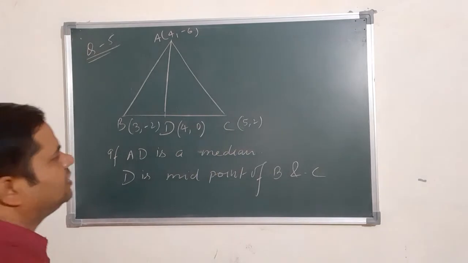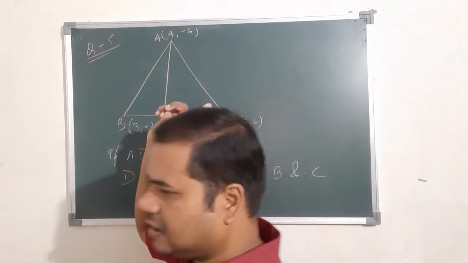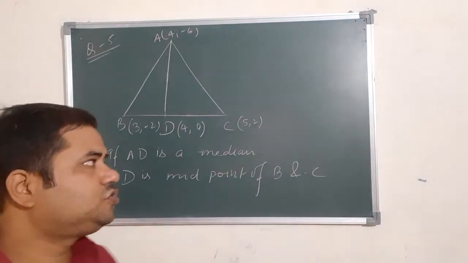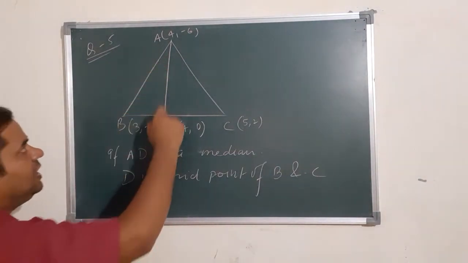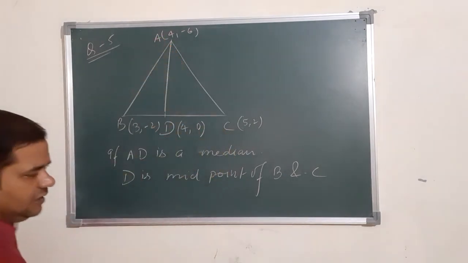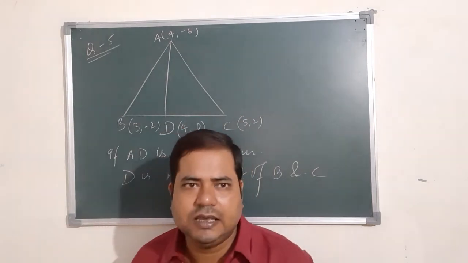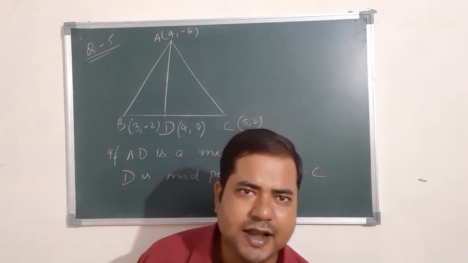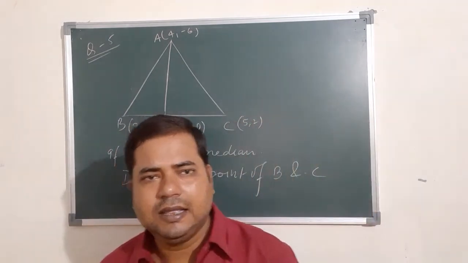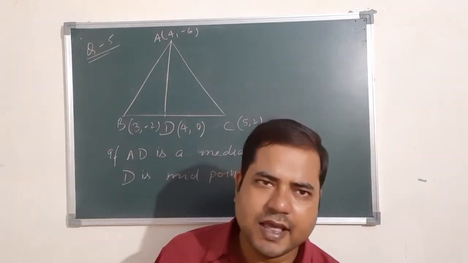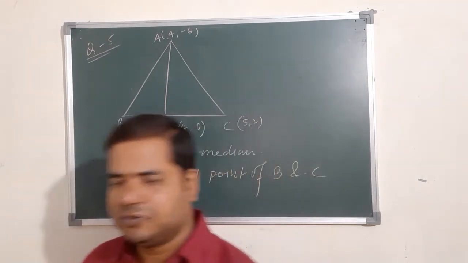This means the point D is (4, 0). So this median divides triangle ABC into two triangles, triangle ABD and triangle ADC. That's your homework: find the area of triangle ABD and the area of triangle ADC, and see whether those areas are equal or not. So please try to solve it.